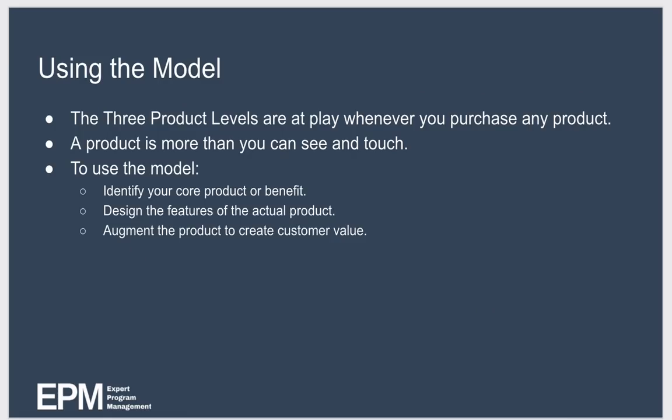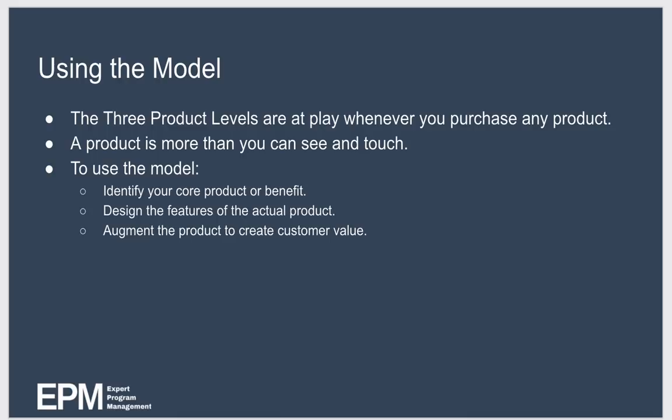Now, when it comes to using the model, the three product levels are involved whenever you purchase any product. As we have described, a product is more than you can see and touch when you buy it. So to use the model, marketers must begin by identifying the core product or the core benefit. To do this, you can ask yourself questions like, what is it that the customer really needs?